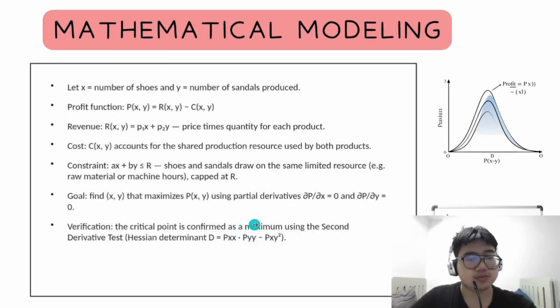But a critical point is not automatically a maximum. It could be a minimum or a saddle point. So we verify it using the second derivative test with the Hessian determinant. If D is positive and P_xx is negative, the point is confirmed as a maximum.